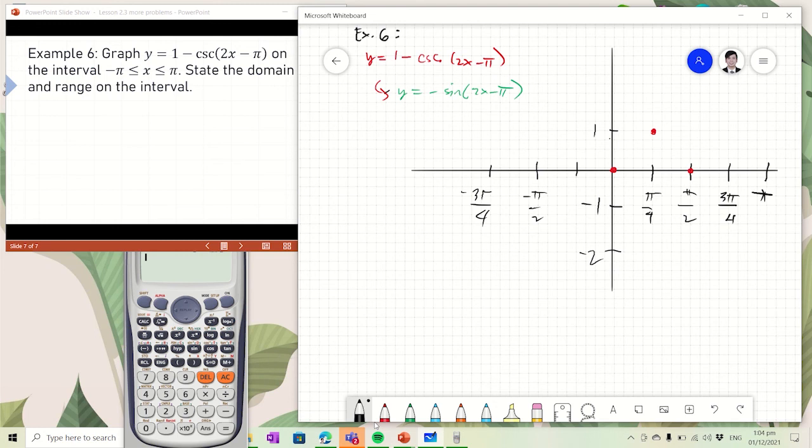And then finally, we have negative pi. Okay, now, continue lang natin yung pattern. 0, 0, 2. Negative 1, then sunod naman 0. Sunod naman 1. Sunod naman yung negative pi.